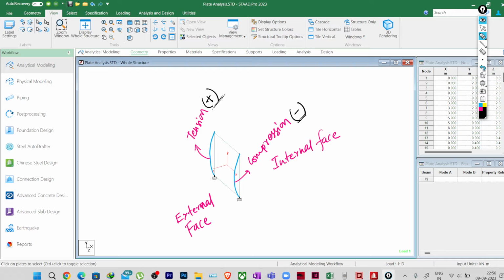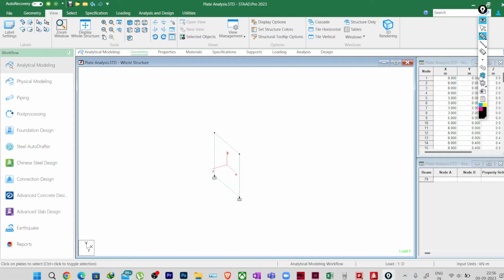Now if I make you understand the other way, suppose the plate is bending in this direction. Then what is happening?